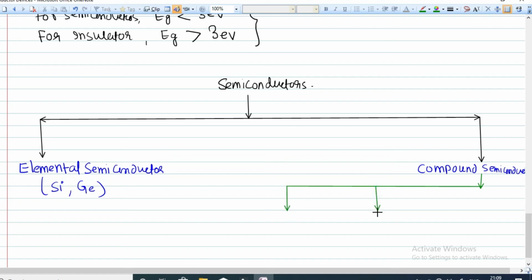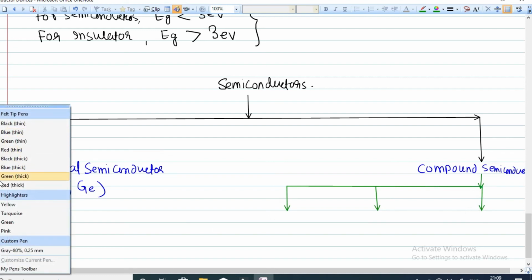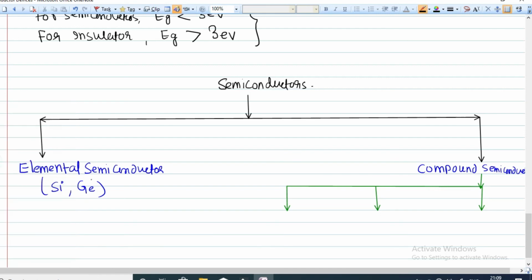The first is inorganic compound semiconductors.